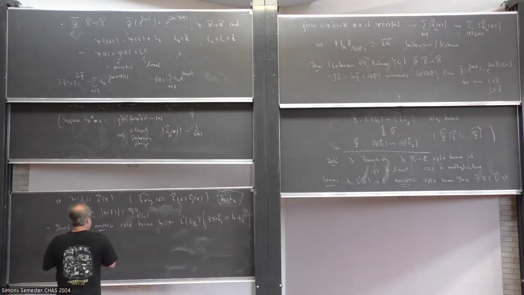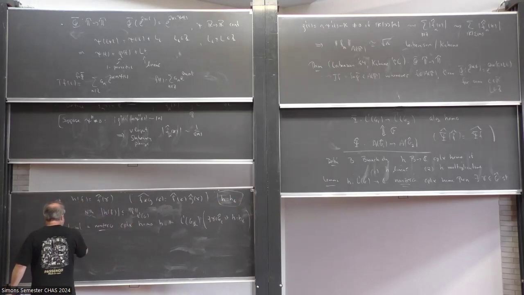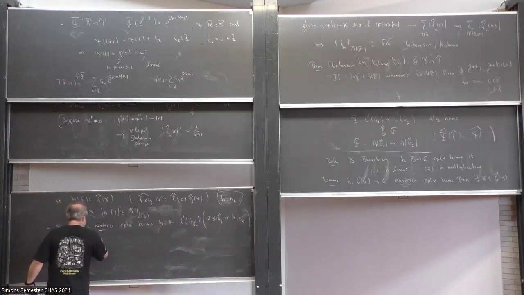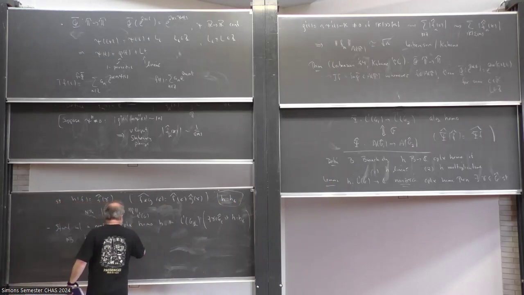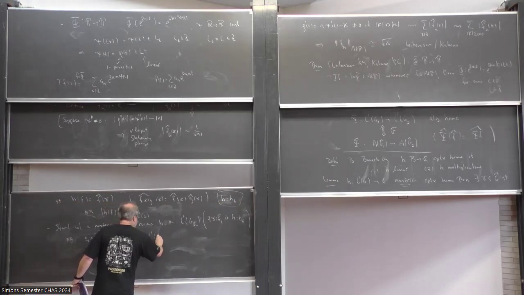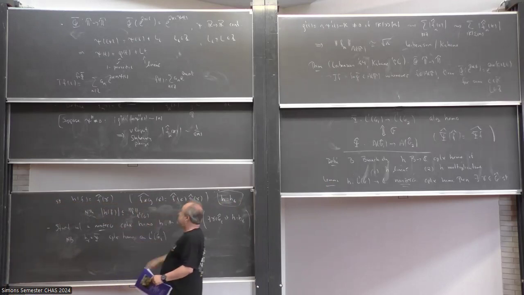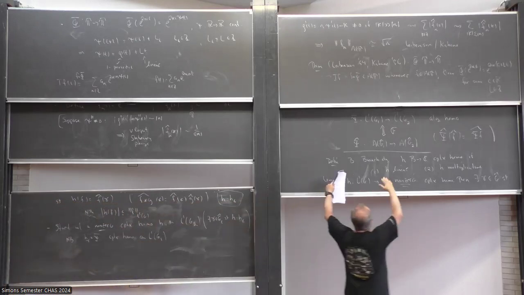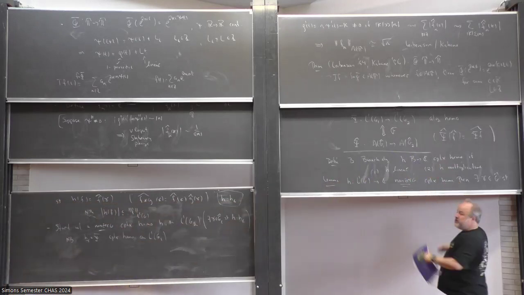So, of course, note that if I take the composition of this complex homomorphism with psi, this gives me a complex homomorphism on L1 of G1. Remember, psi is a mapping from L1 of G1 to L1 of G2.